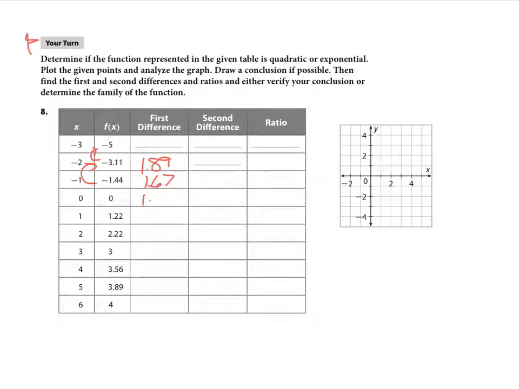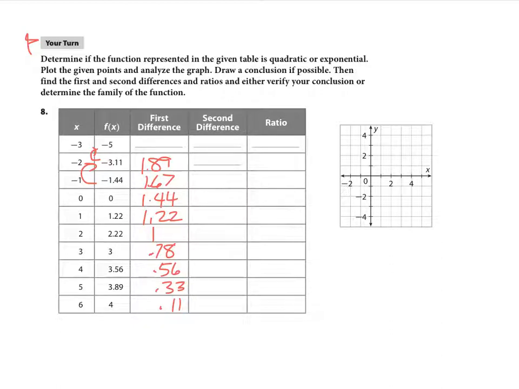The next one I know is going to be 1.44. That's an easy one. And the next one I know is going to be 1.22. So easy. And then I get 1. And then I'm going to get, I think, 0.78 is correct. And then 0.56, 0.33, and then 0.11.